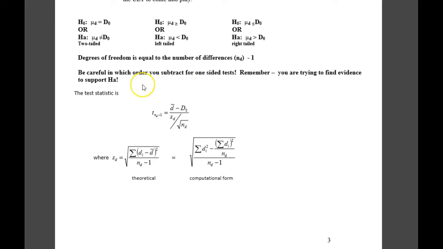So if we look at this t with n sub d minus 1, we have d bar, which you can equate to x bar, minus d naught, our proposed difference, over the standard deviation of d, the standard deviation of the difference, divided by the square root of n sub d, the number of differences. So not the total number of data points, but the number of differences, right? Essentially it's the total number of data points divided by 2.